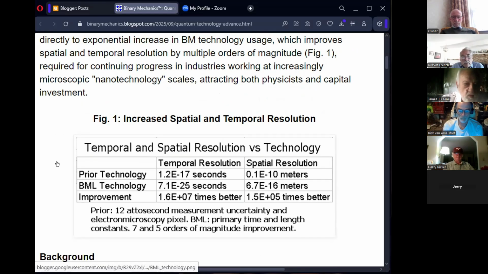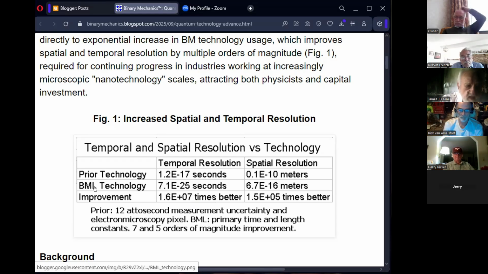So what do we have here? In Figure 1, increased spatial and temporal resolution. The prior technology gives you a temporal resolution, I believe near the attosecond level, and a spatial resolution, I think what you get in electron microscopy.